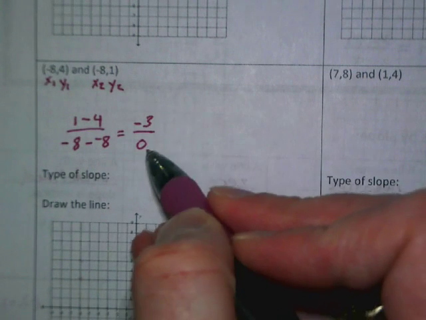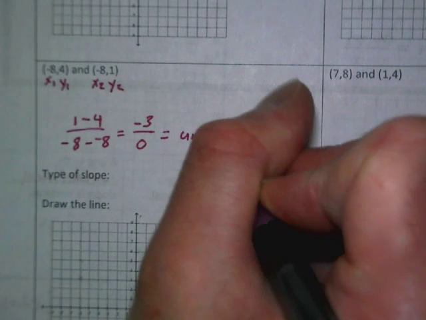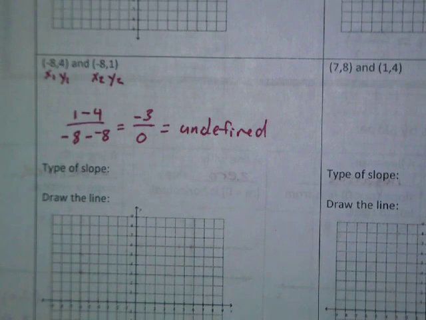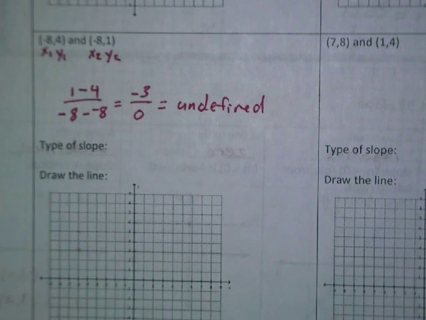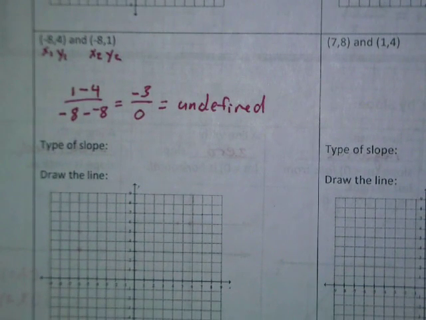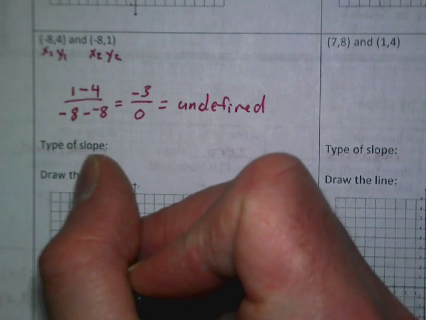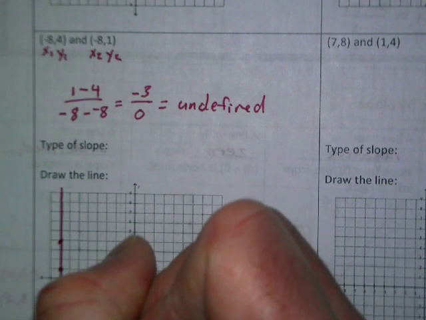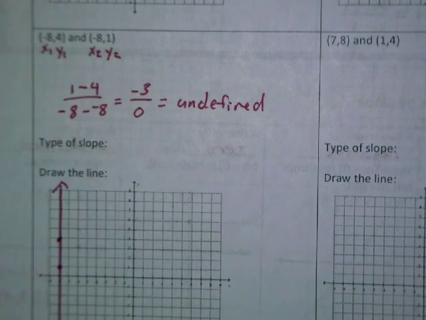So that's going to give you negative 3 over 0. That's where, if you didn't spot it in the beginning, you're going to realize now I can't divide by 0. So that is an undefined slope. When you get undefined, that should tell you when you draw your line, it's going to be a vertical. So negative 8, 4 and negative 8, 1. So you get a vertical line.